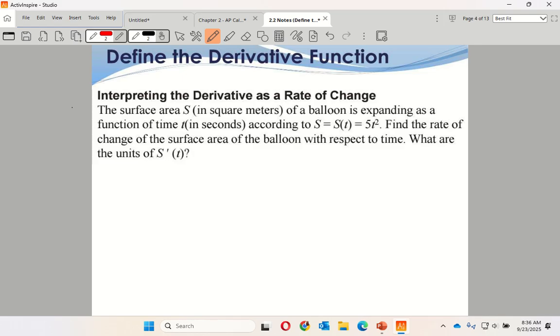And so that means I don't want to actually try and plug it in. I can't use the shortcut, right? I have to use that x plus h. So I'm going to plug that in. If this is my function, I'm going to find the limit as h approaches 0 of 5 quantity x plus h squared minus 5x squared, all over h.